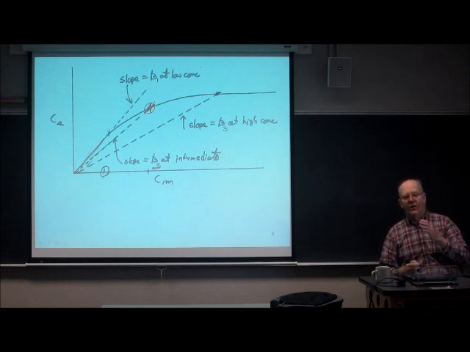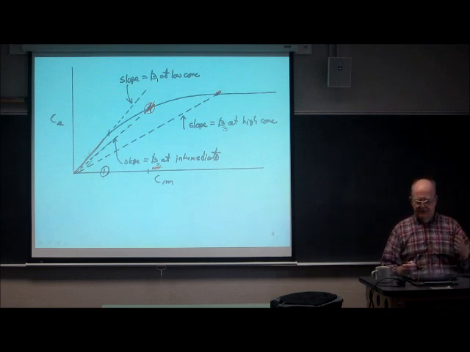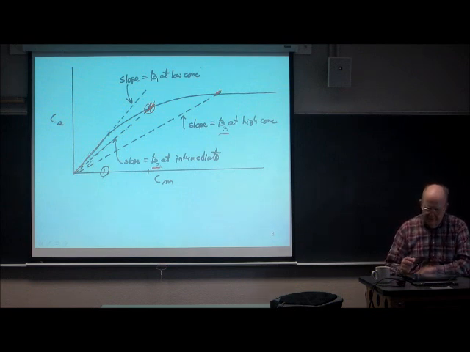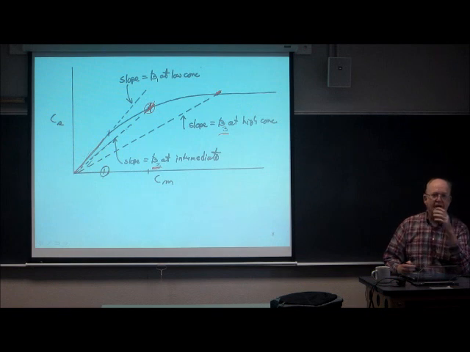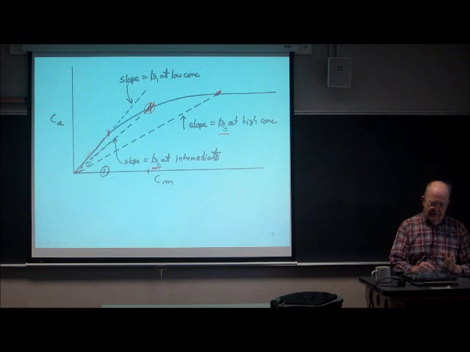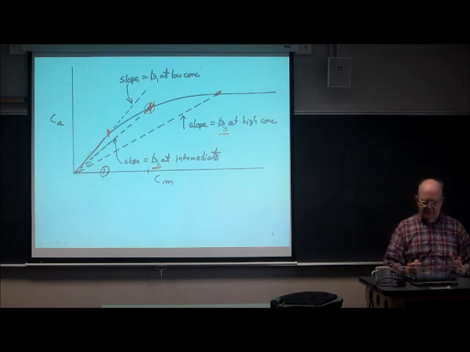Now let me inject more. Suppose I inject this much out here, and I again determine an average slope, and I'll say that that corresponds to a beta 3 at this really high concentration. Now the solute at concentrations below beta 1, this point 1 on the curve, they're all moving with the same beta. Nothing bothers them. They're behaving linearly.